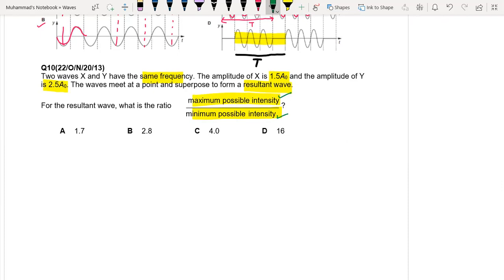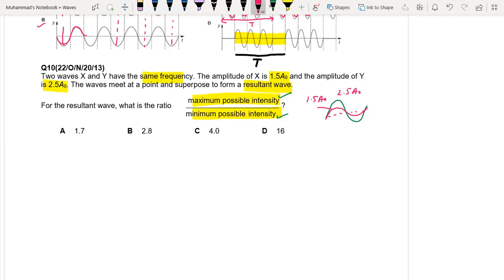So we will find the maximum amplitude of these two waves. First we will see that if they interfere constructively, then they will have the maximum amplitude. You can see the amplitude of one wave is 2.5 a naught, and the amplitude of the other is 1.5 a naught.